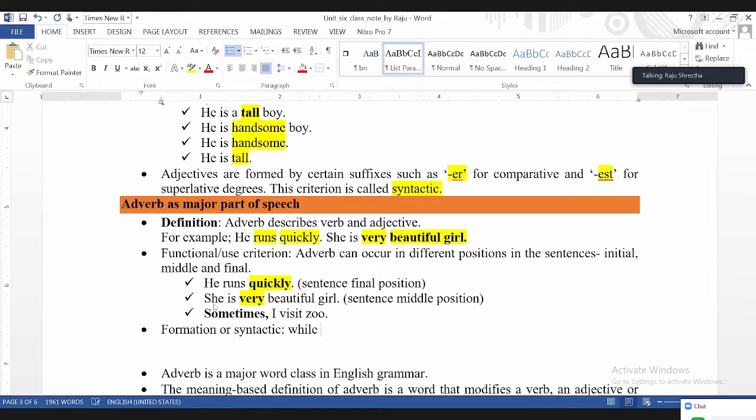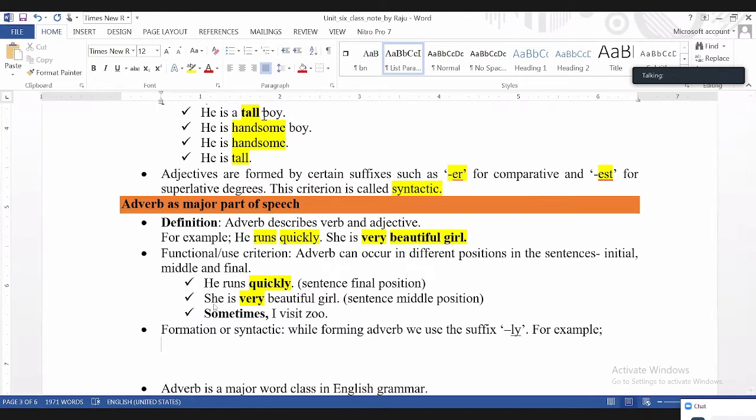So these were syntactic. While forming adverbs, we use the suffix -ly; we add it. For example, he runs quickly: quick plus -ly gives quickly.